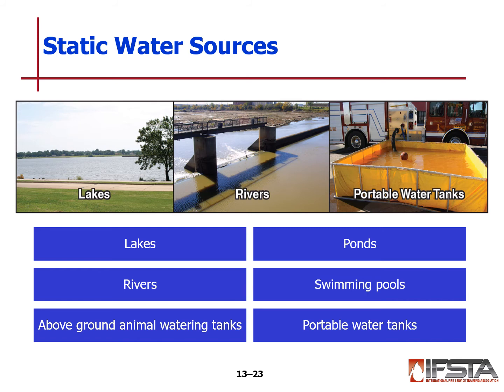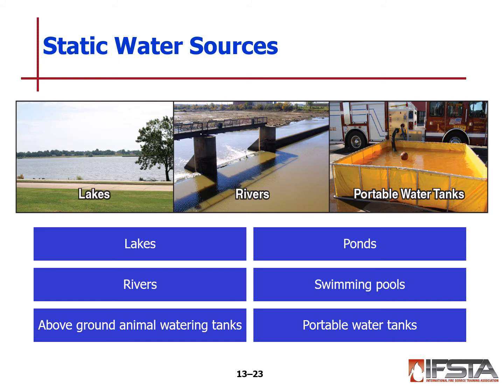Static water sources can be a few different options that we have. One is lakes and ponds. Oftentimes we'll have ponds and lakes available to us, but we have to have some way to get our two sections of hard suction there.